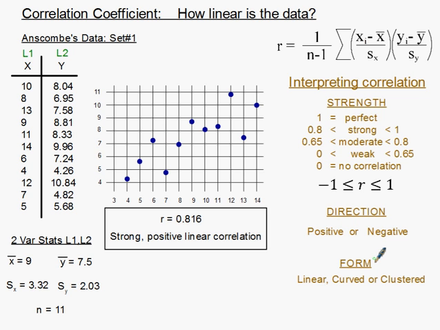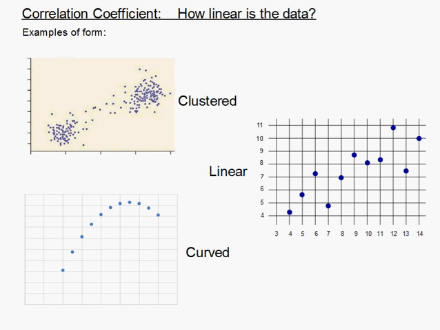Form is a little interesting. We said in the beginning that it looks pretty linear, and that's accurate. There are also curved and clustered. Let's look at some examples of form. So here's our linear, a nice, seemingly straight line. Now, clustered, you can see that there are kind of groups.